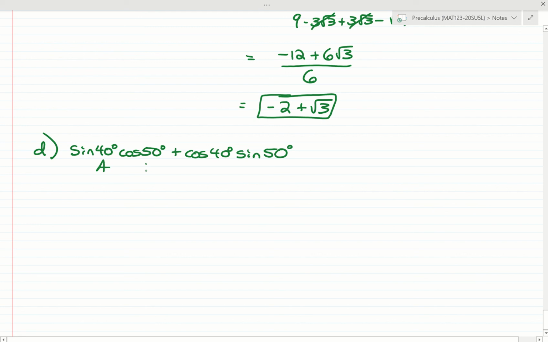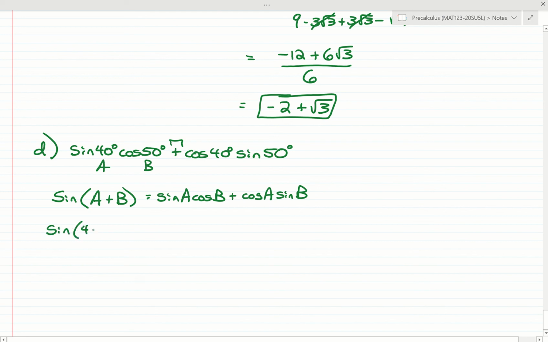If this is A and this is B, the formula would be the sine of A plus B, and that formula would be sine of A, cosine of B, same sign, and then cosine of A times the sine of B. That's the formula it looks like, and it looks like A is 40 and B is 50.